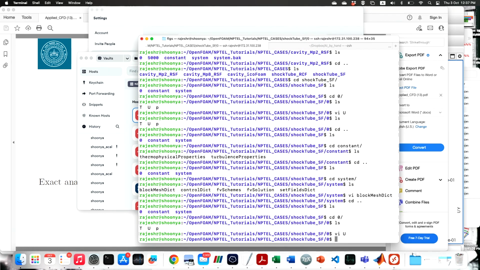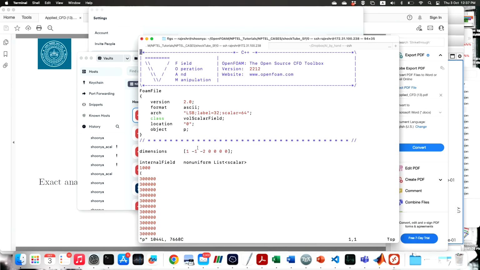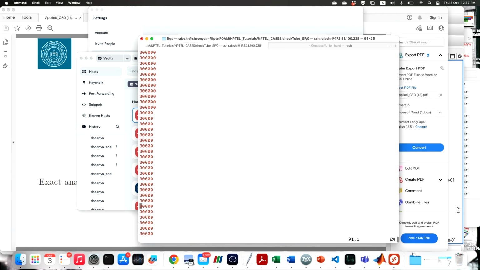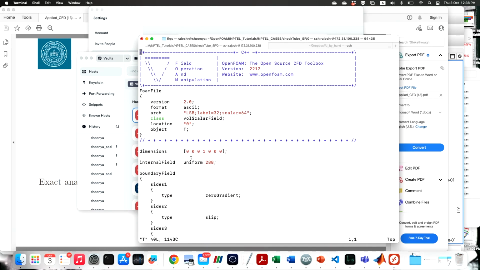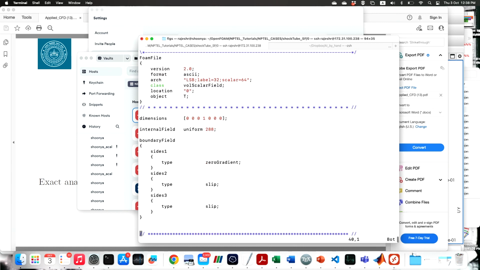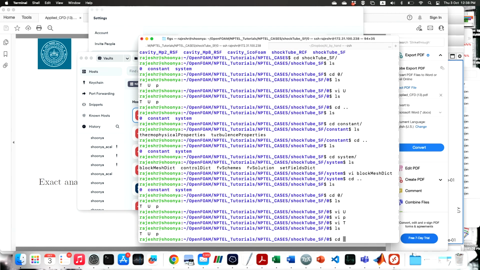And then if you go to pressure, we have given a distribution with a ratio of 10, so like 30,000 to 300,000. These are the pressures, because we are solving it in a dimensional manner. And then you go to temperature. The temperature also, you do not have to give anything.